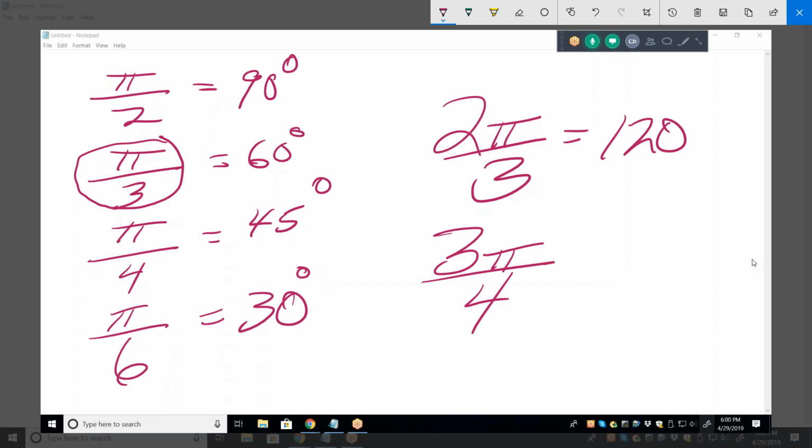Another very common one. These are also going to be angles that you have to deal with for a long time. So it's worth having a shorter method to convert them rather than having to go through the pi over 180 all the time, or the 180 over pi. Would that be 135? Yeah. So it's helpful in these smaller angles, not so much when you have 7 pi over 3.